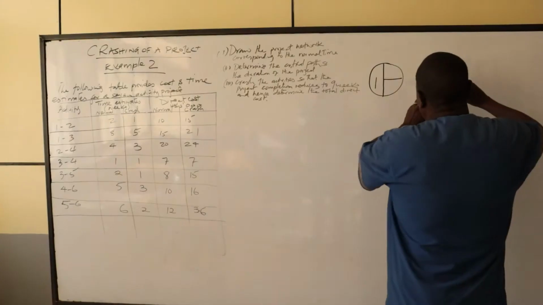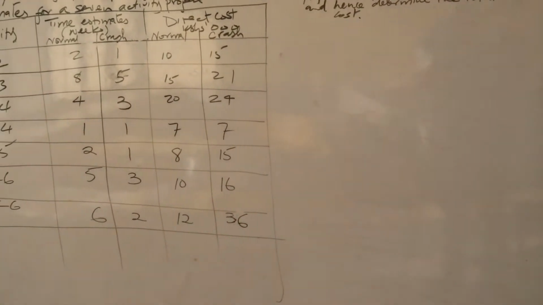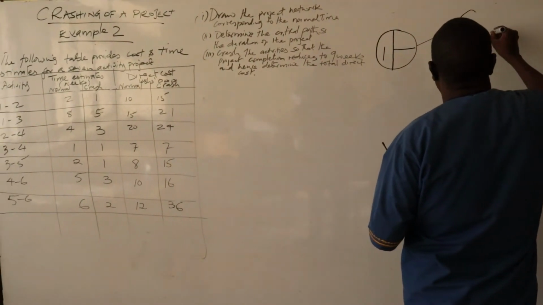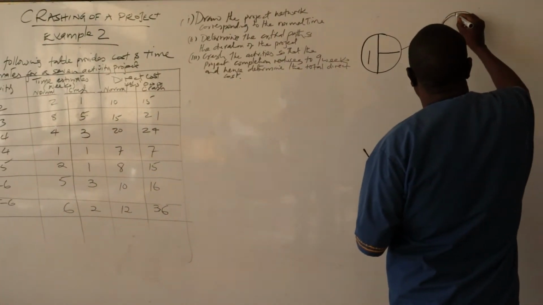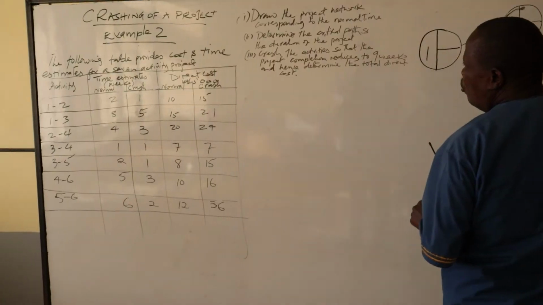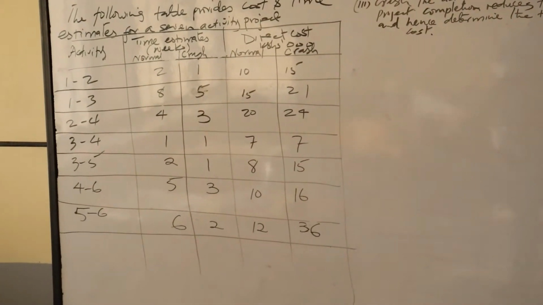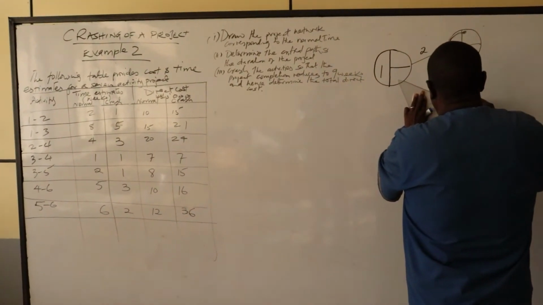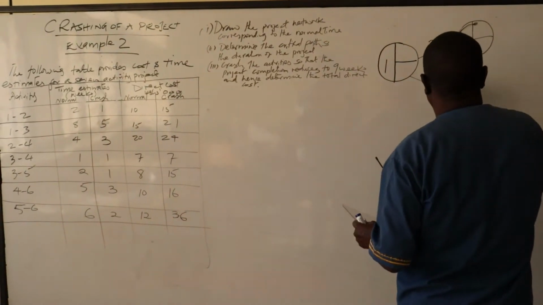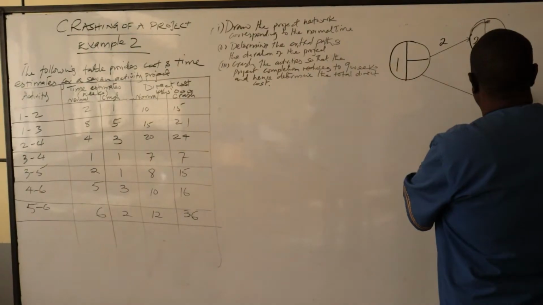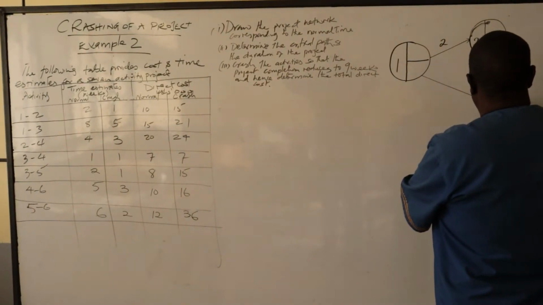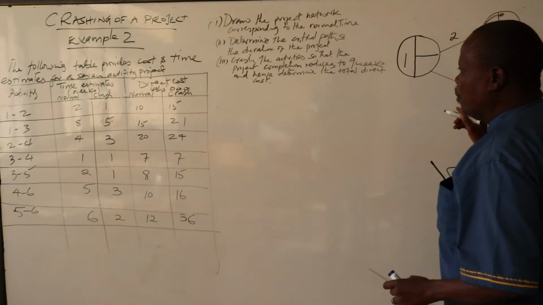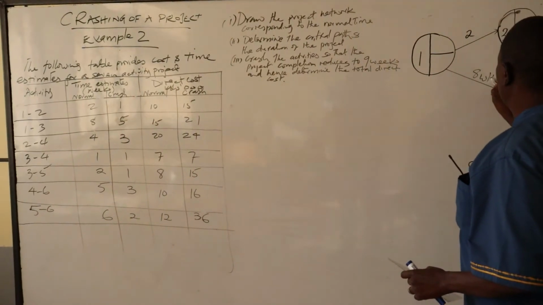Activity 1 to 2 has a duration of 2 weeks. Then 1 to 3 has a duration of 8 weeks.